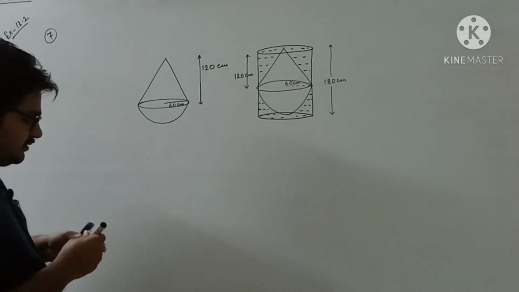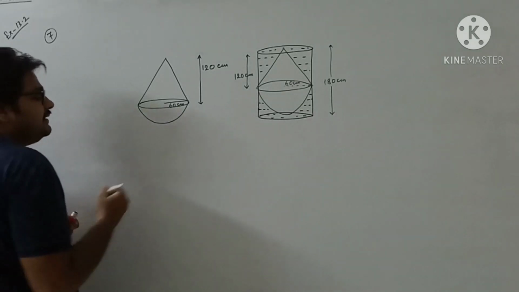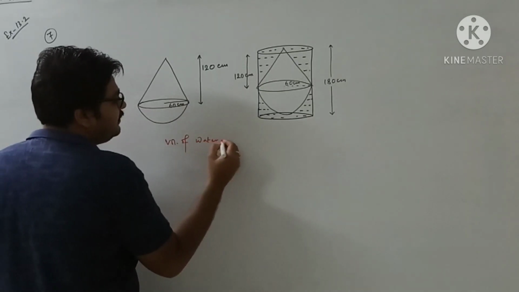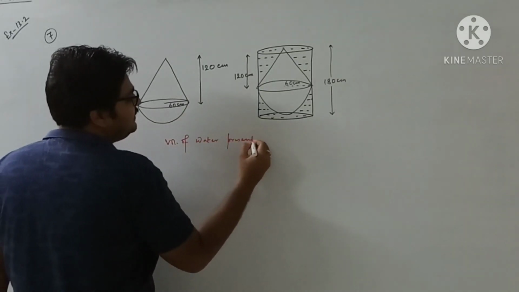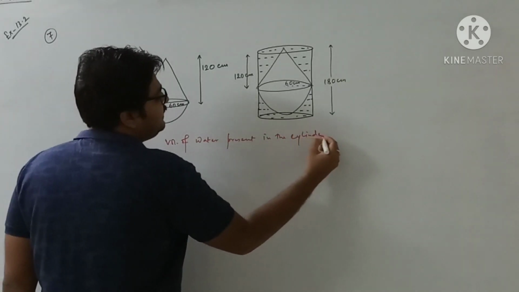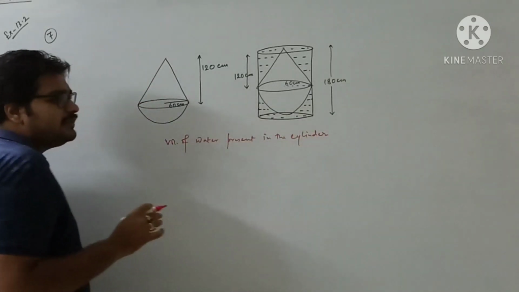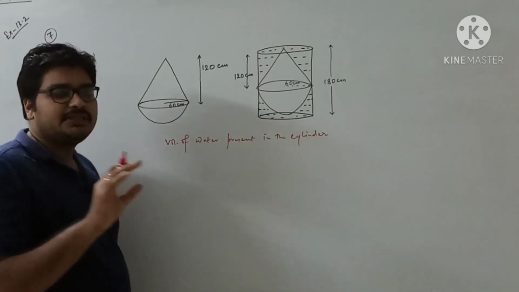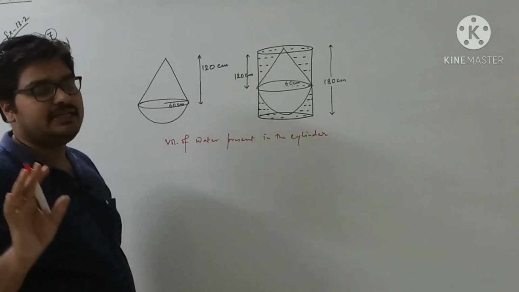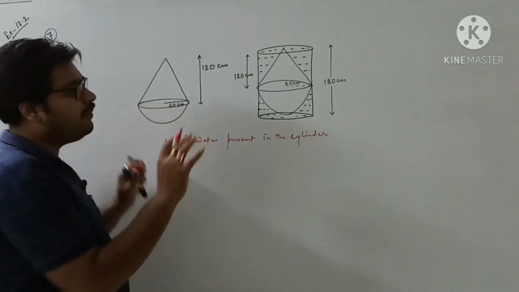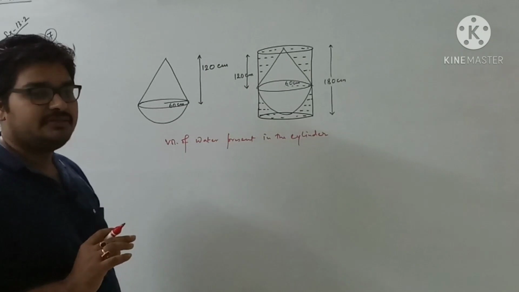Okay, so how will we write it? Volume of water present in the cylinder. One thing you have to remember, if you are not given the diagrammatic representation properly, then you have to mention and explain everything in statement form. That's why we are not writing a lot of statements, as we are giving the proper diagrammatic representation.